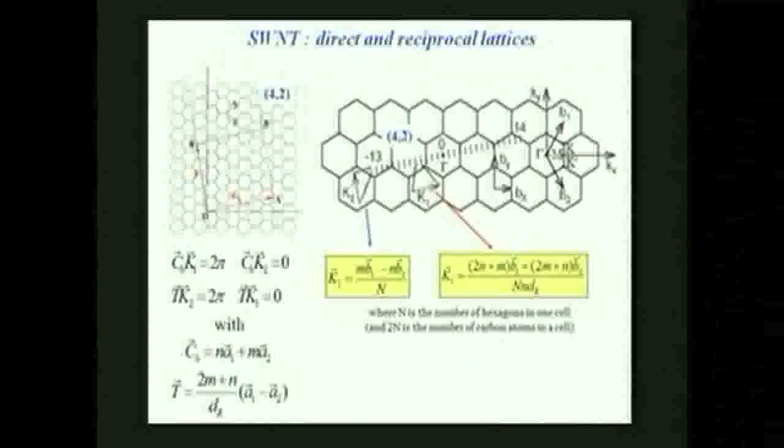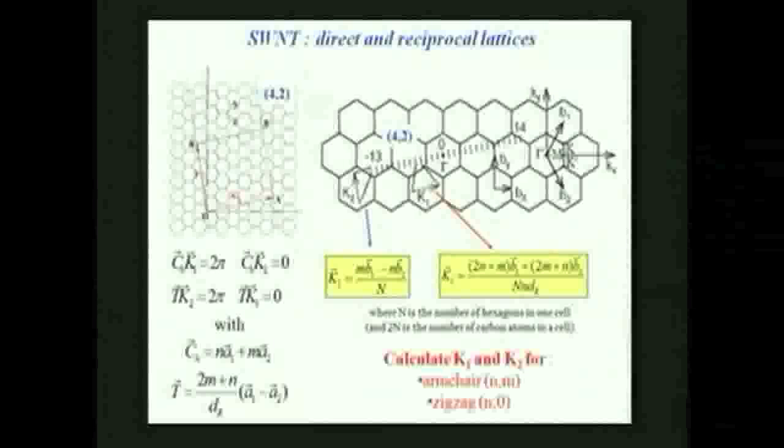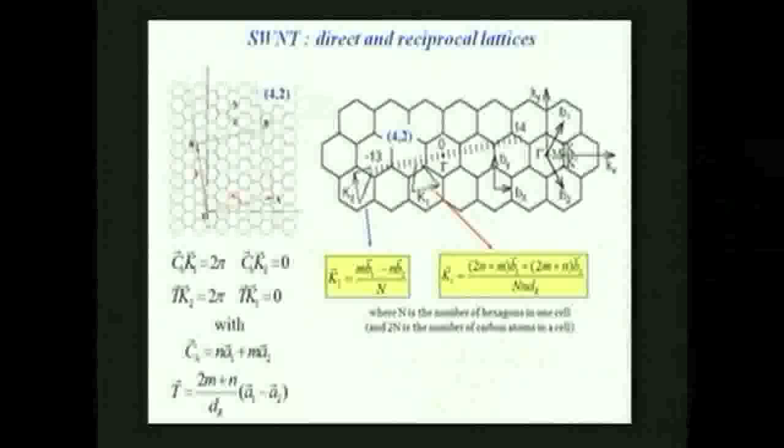This is exactly the same technique. You first consider the unit vectors in the direct lattice, in the real structure. We defined them together. You have 2 unit vectors in the real space, which are called CH, the chiral vector, and T, the translation vector. These are the vectors we defined together before.